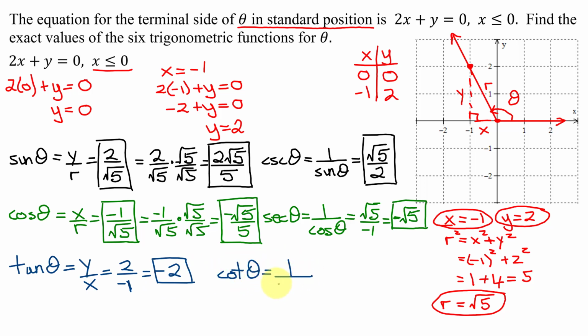Remember, that's 1 divided by the tangent of theta. I'm going to take the reciprocal of this fraction, and I get -1/2. So that is the value of the cotangent of theta. So now I've found the exact values of all 6 trig functions for theta.